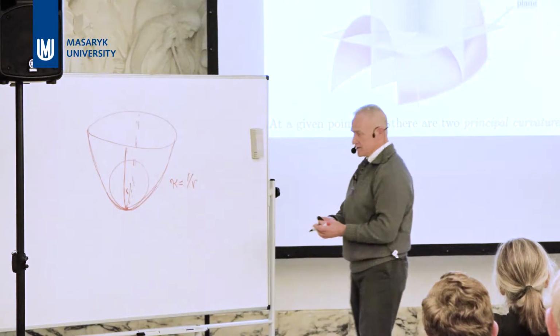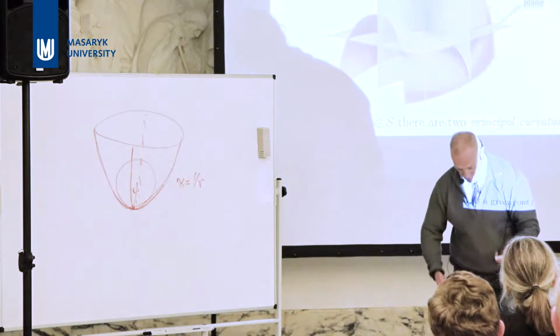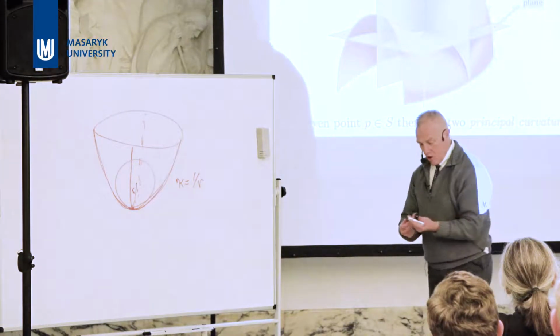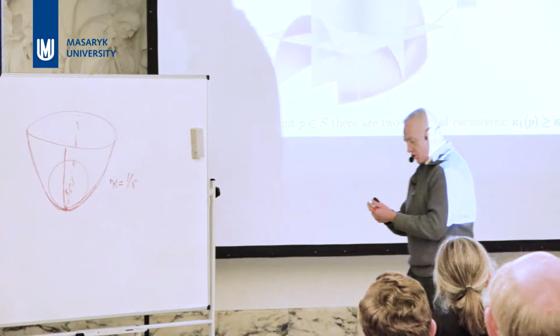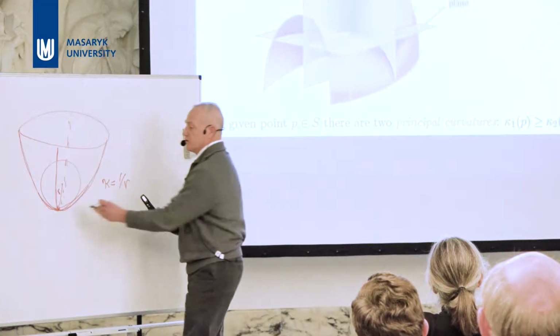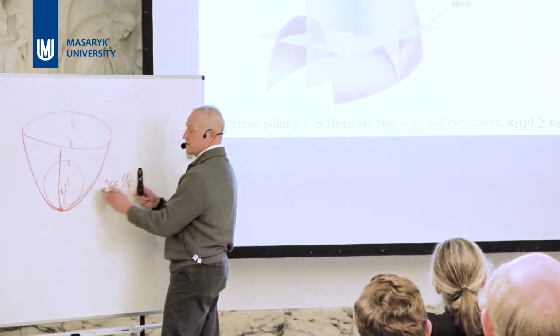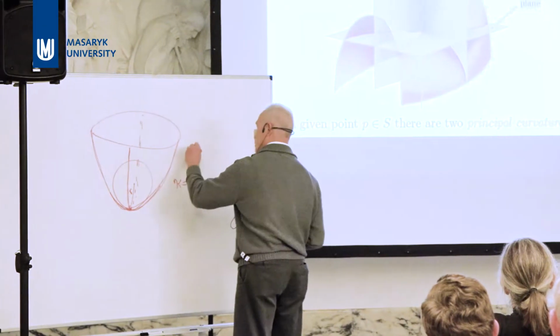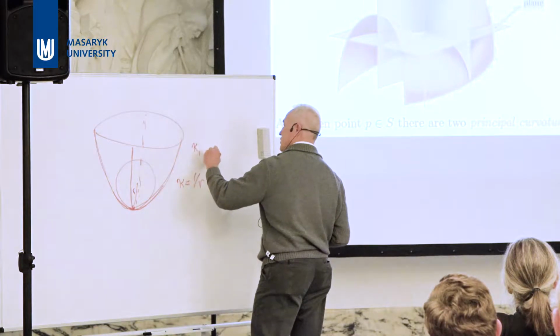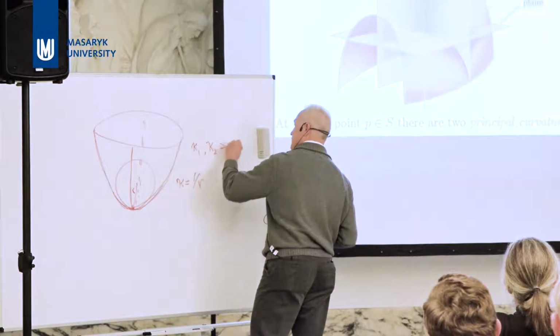The idea is that as r goes to 0, the surface is getting more and more tightly curved, and as r goes to infinity, the surface is widening out. This is a case where kappa 1 and kappa 2 are both positive.